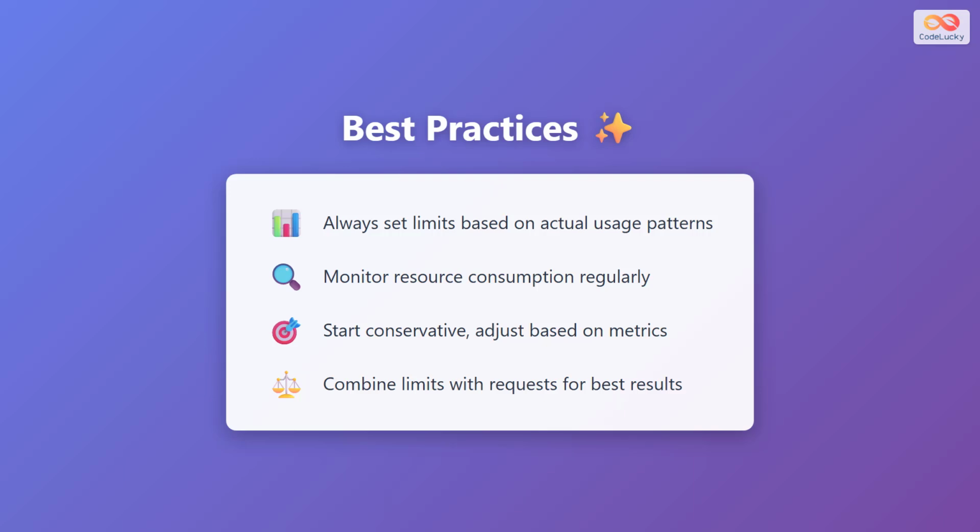Third, start conservative with your limits and adjust based on collected metrics. It's better to begin with slightly higher limits and reduce them as you gain confidence. Finally, combine limits with requests for optimal results. Requests ensure your containers get minimum guaranteed resources, while limits prevent them from using too much. Together, they create a balanced resource management strategy that keeps your cluster stable and efficient.